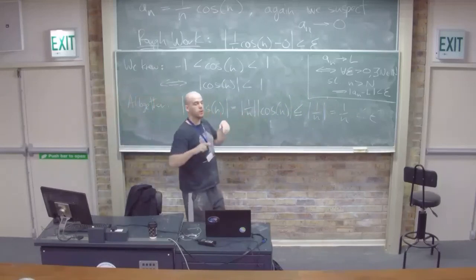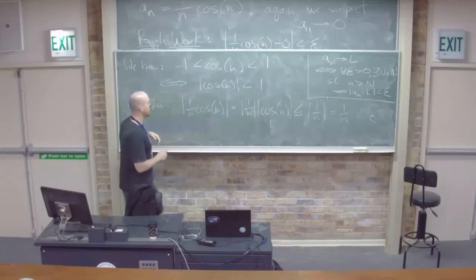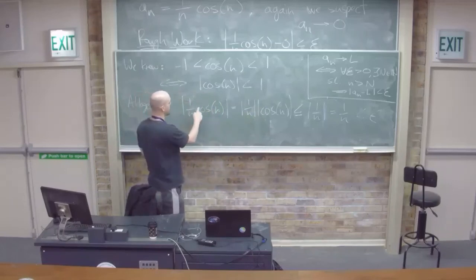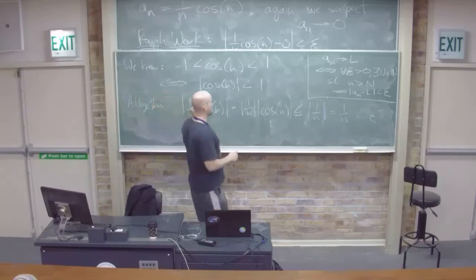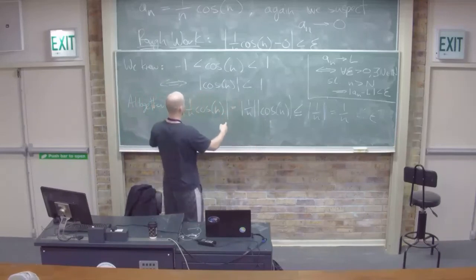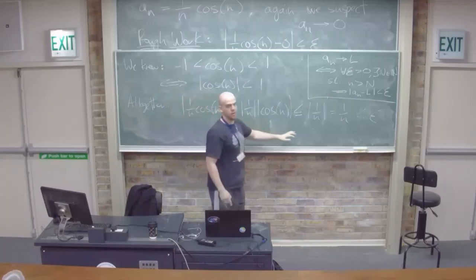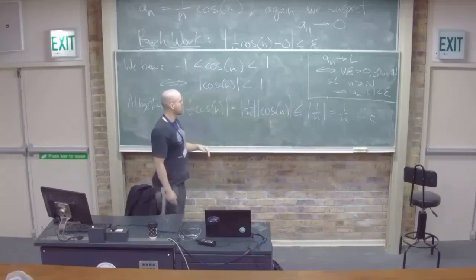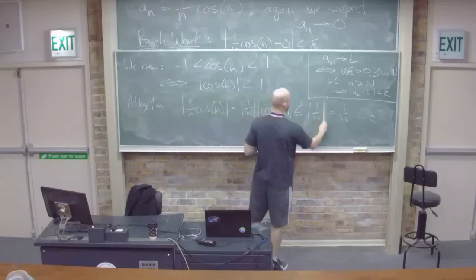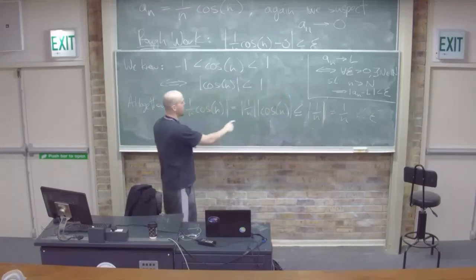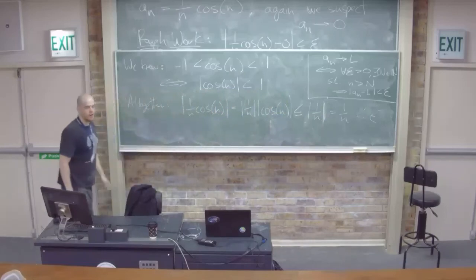Remember, that's for sums, so it would be 1 over n plus cos n. When they're multiplied together, remember the absolute value of a product is the product of the absolute values. So that's why I'm glad I wrote out the step. If you're doing this in an exam, you could really jump from here to here if you know what's going on.